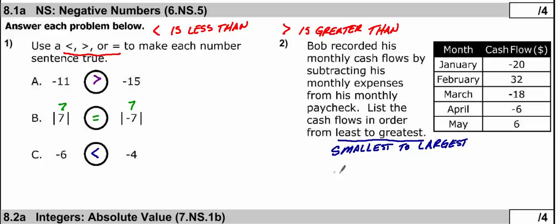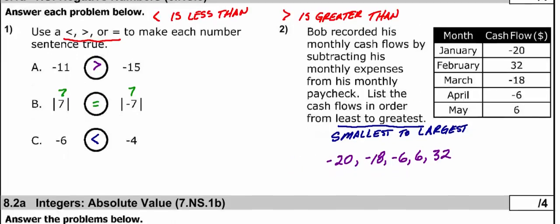Well, the smallest number in this set of numbers is negative 20. None of these are absolute values, so these are just the straight up numbers. So negative 20 is the smallest number. Negative 18 is the next smallest number. Then comes negative 6, positive 6, and the biggest number is positive 32.